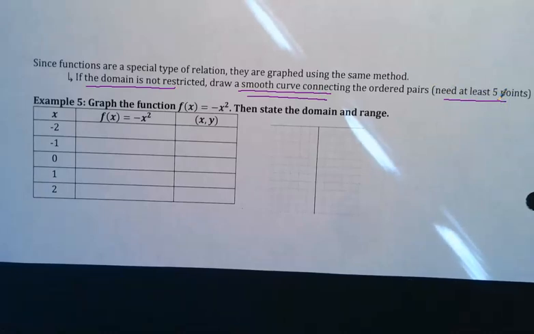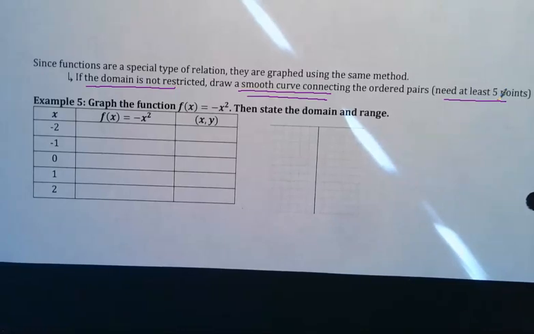Now the thing with that is, I gave you these 5 because it's good to include positives and negatives, so you get a good view of it. You want to make sure that they can fit on your graph, so generally it's keeping your numbers small. But also if you have fractions, like earlier on the one that had square roots, did you notice that each of the numbers was a perfect square? Like the numbers were 1, 4, and 9?